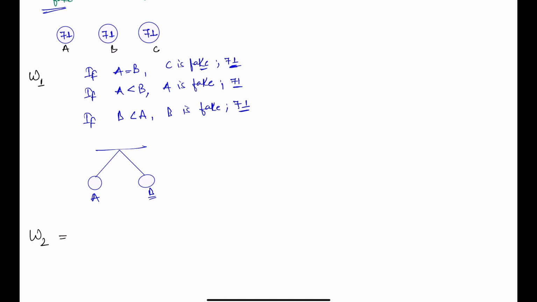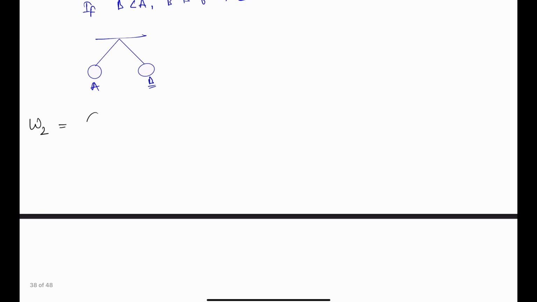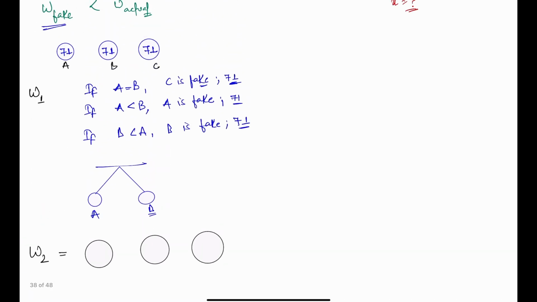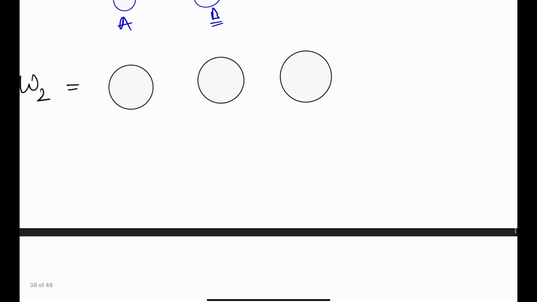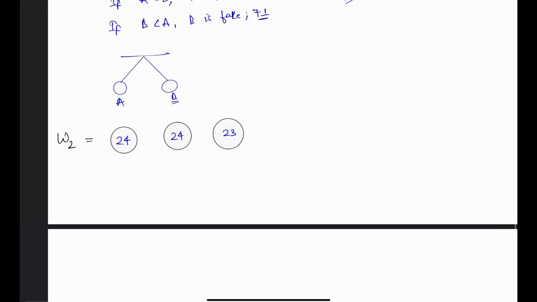It will be again a smaller group of, 20 plus 3, so 23 into 3 is 69 plus 2. So what will be the numbers? 24, 23, right?